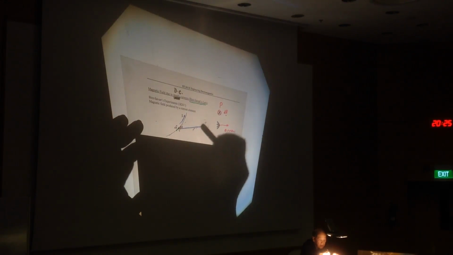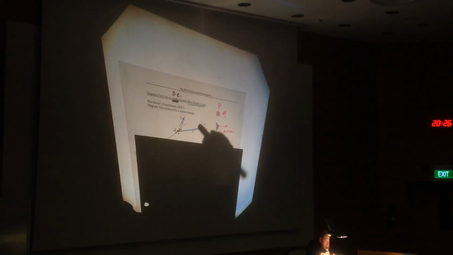What is the magnetic field at the point P? This is the problem. I want the field here, not anywhere else. So you have to be very careful when you do a problem. You have to make sure you are focusing on what you're doing, not being distracted by other places where you want the field to be. So I want the field at point P.